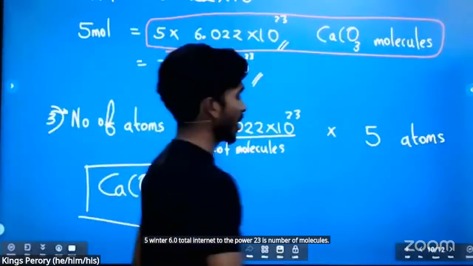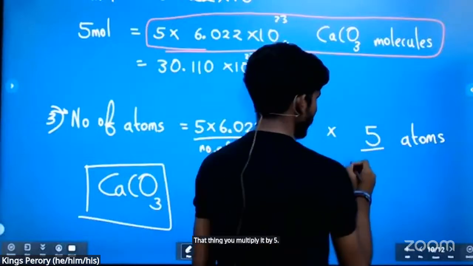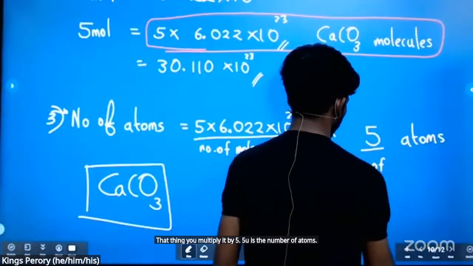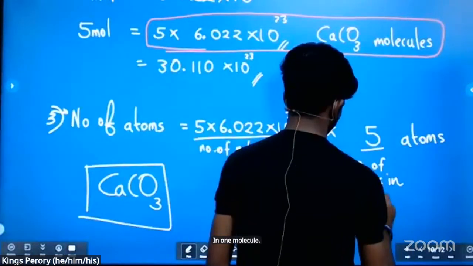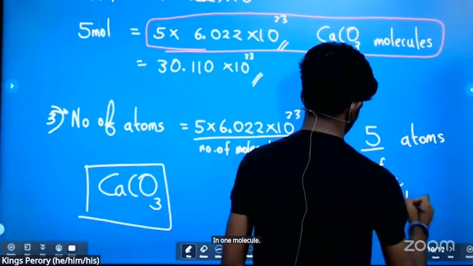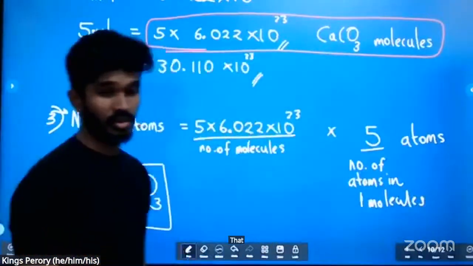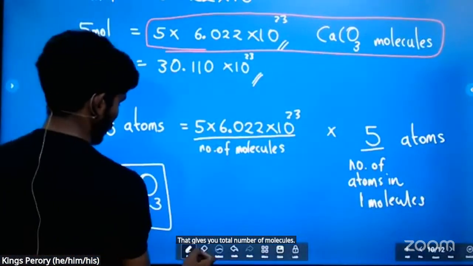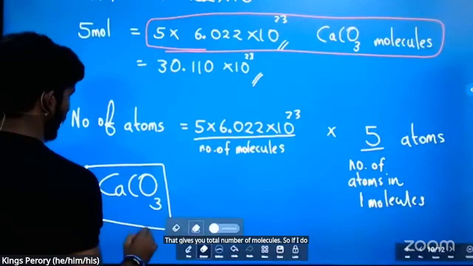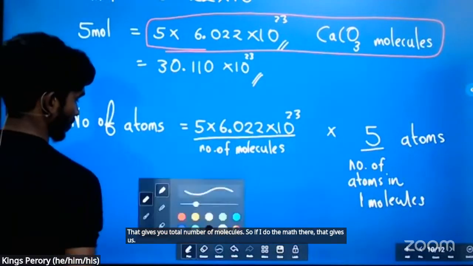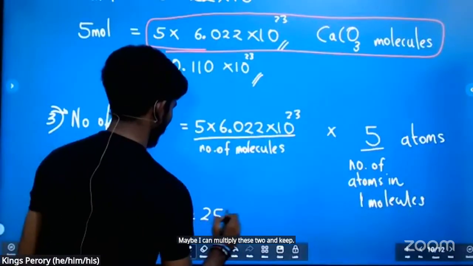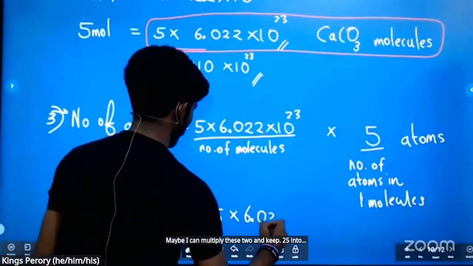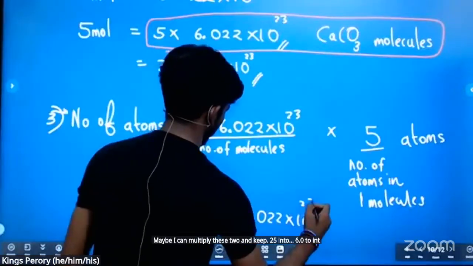That thing you multiplied by 5. 5 is the number of atoms in one molecule. That gives you the total number of atoms. So if I do the math there, maybe I can multiply these two and keep 25 into 6.022 into 10 to the power 23 atoms.